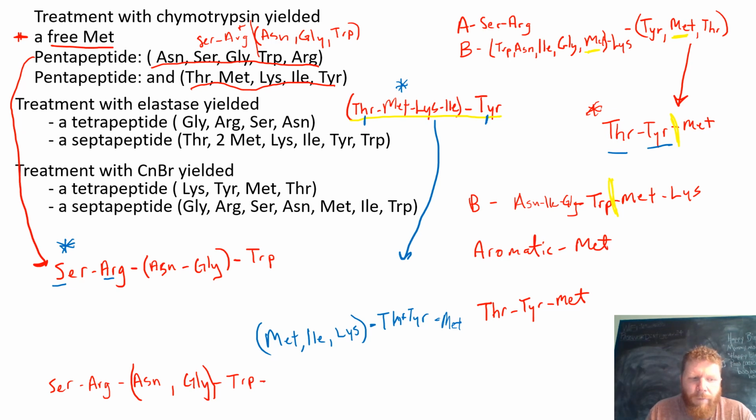After the tryptophan, we have MET, ILE, LYS, followed by THR, TYR, followed by MET.